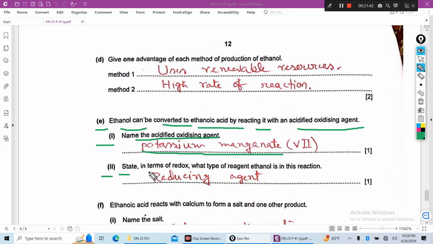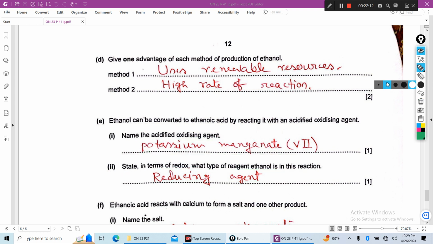State in terms of redox what type of reagent ethanol is in this reaction. Ethanol is a reducing agent because a reducing agent reduces another substance but itself is oxidized. So ethanol is oxidized to ethanoic acid and reduces potassium permanganate to manganese(II). That's why ethanol here acts as a reducing agent.